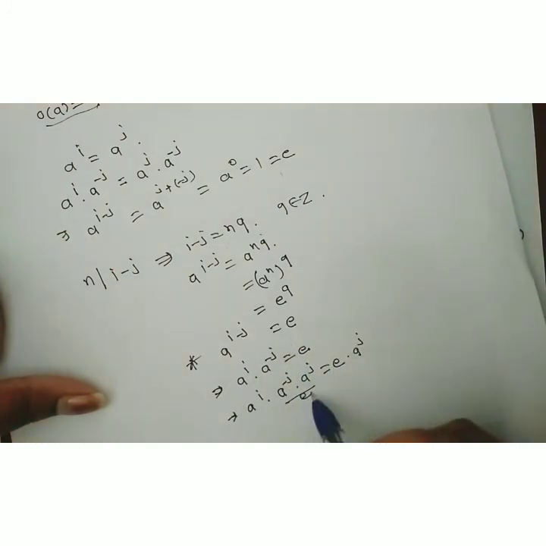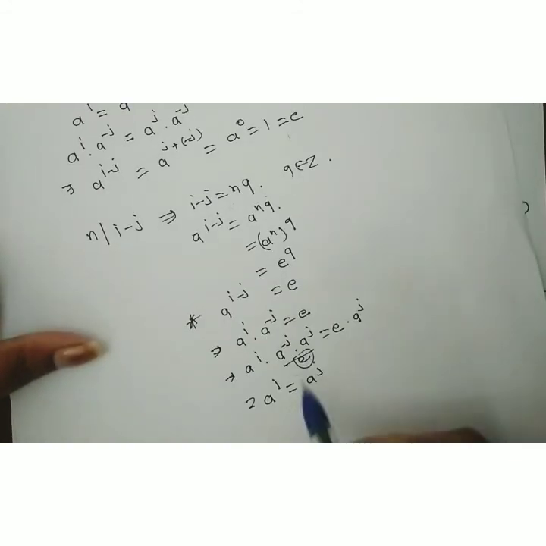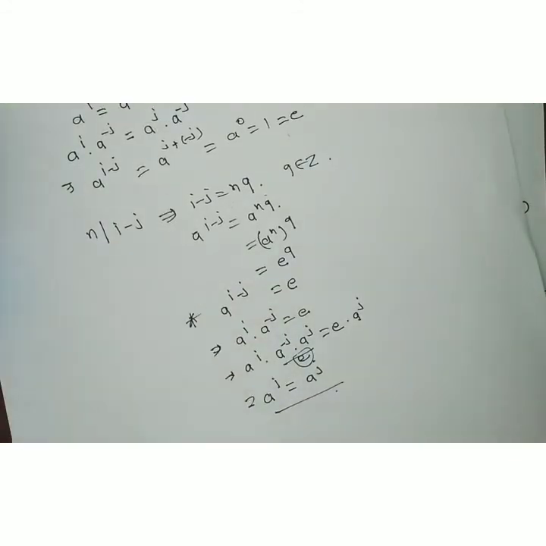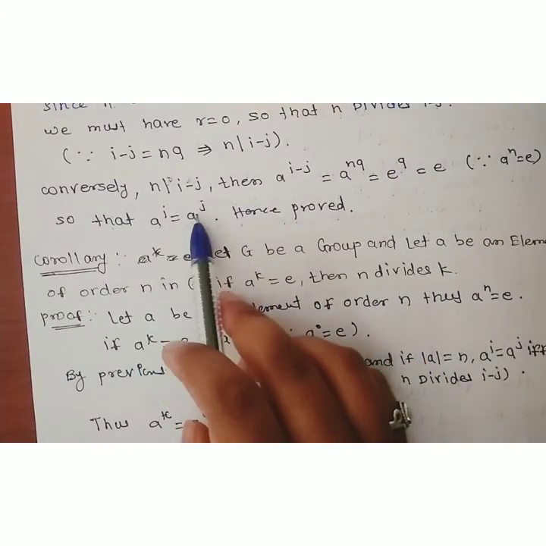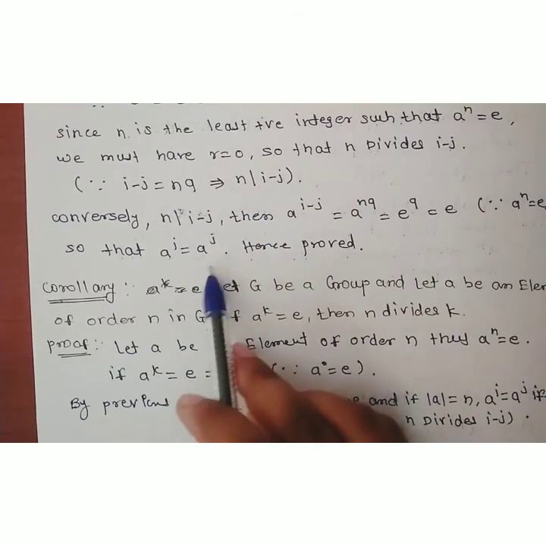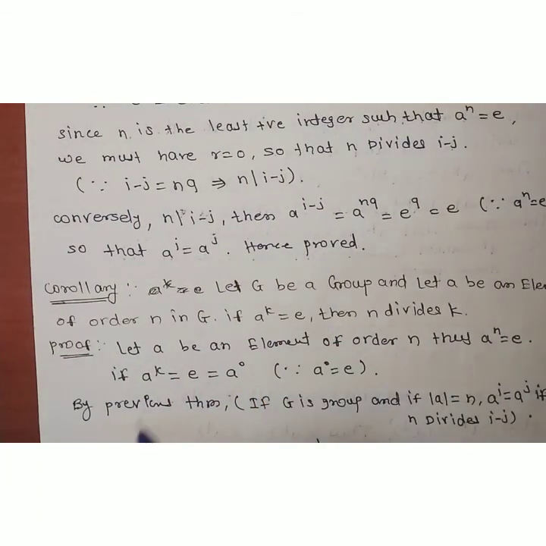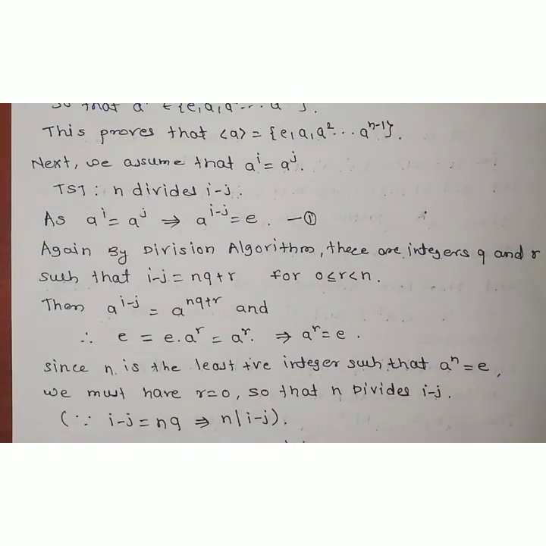This is nothing but the identity. Therefore, we get a raised to i is equal to a raised to j. Here we had to prove this, a raised to i is equal to a raised to j. Hence the proof. In this lecture, we have done the theorem of the cyclic group.